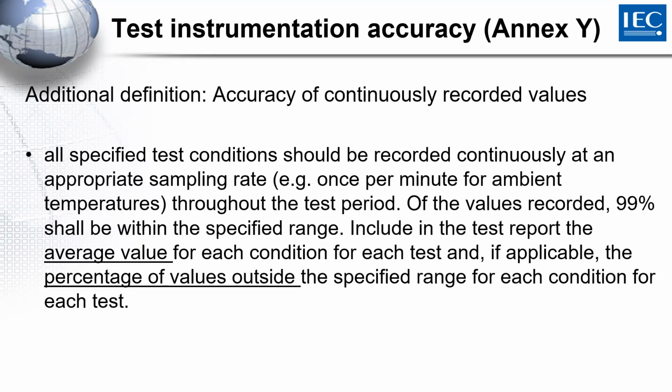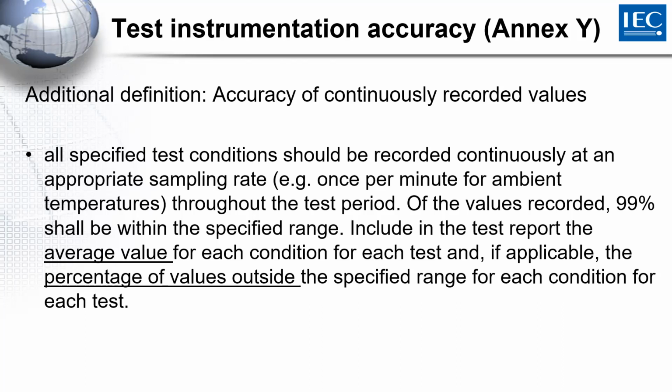But for sure, this is not just a value which you read off once during the test. It should be maintained throughout the measurement, because this ambient temperature can have a lot of influence, for example, on the energy measurement.